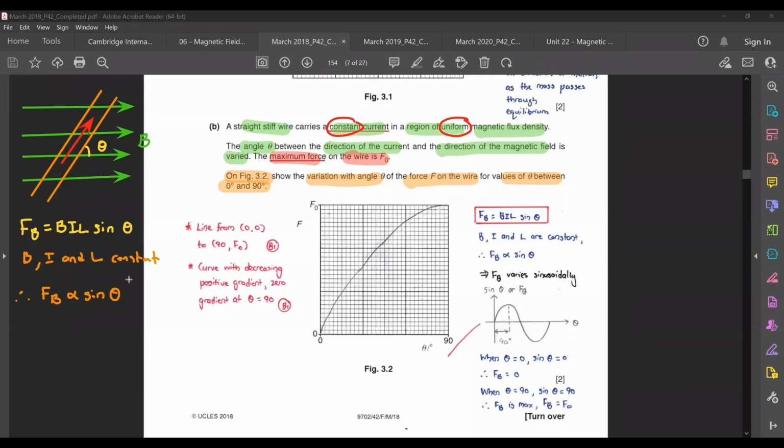Now, the significance of this relation is that it tells you that FB varies sinusoidally with your angle theta. It follows a sine function because of the sine theta that you have over here.